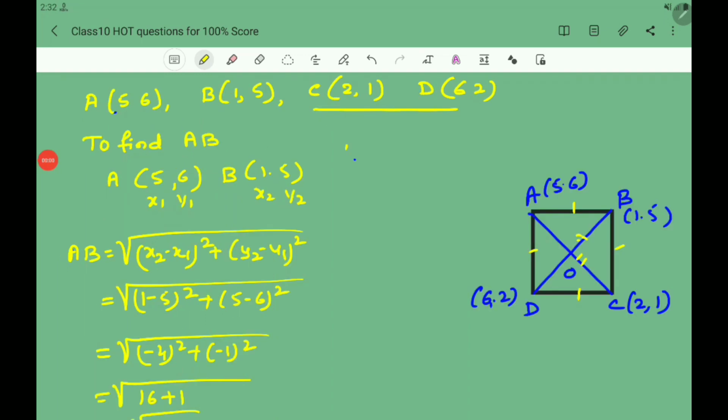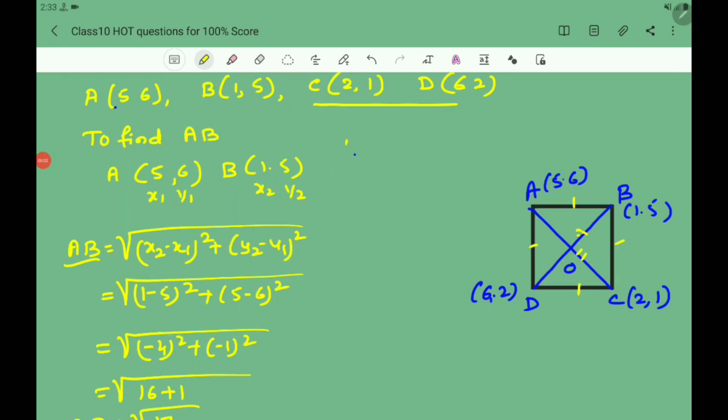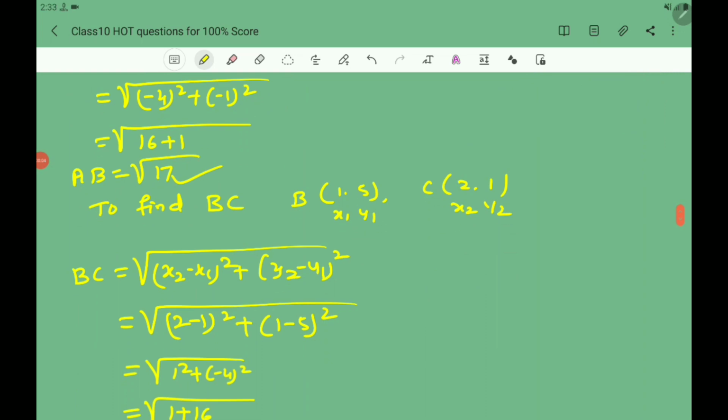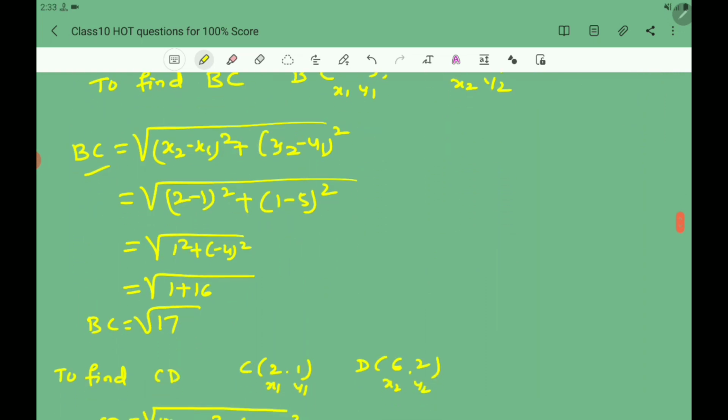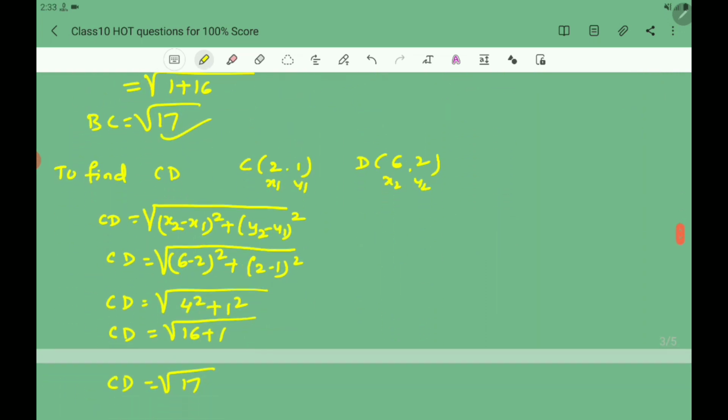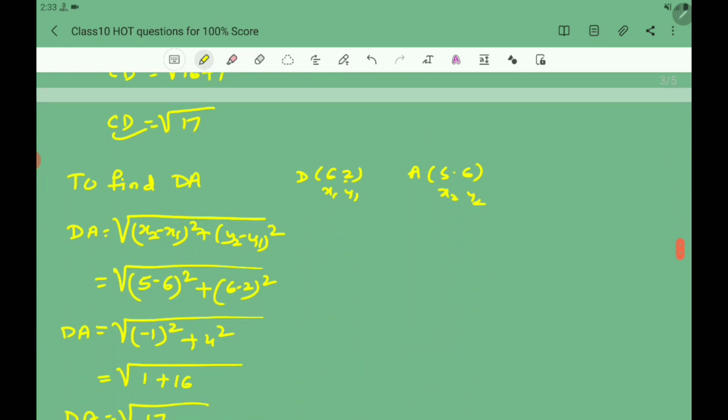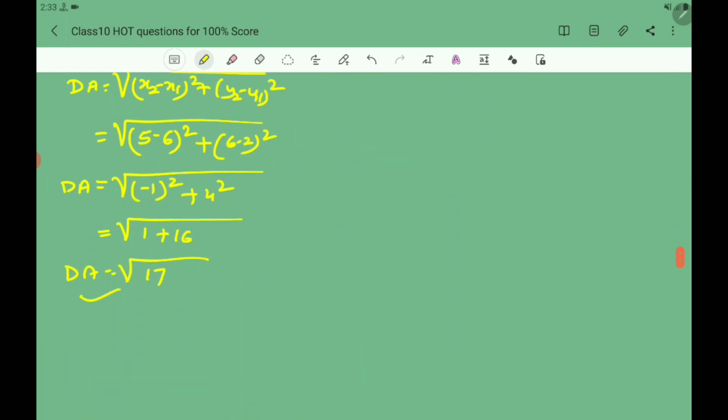Here you got AB square root of 17, BC square root of 17, CD square root of 17 and DA square root of 17.